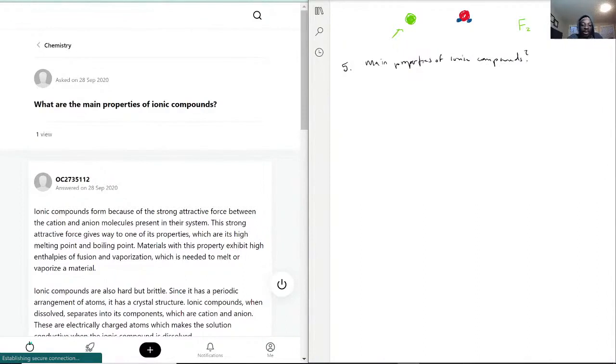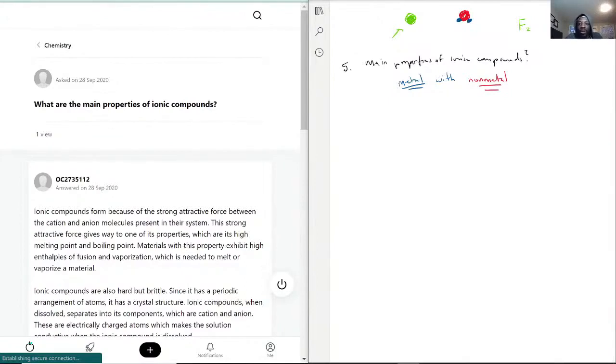So, with this, actually, the first property I like to always point out is what they're actually made of. Ionic compounds, by definition, have to be a metal with a non-metal. That is one of the properties that you should be looking at first glance.